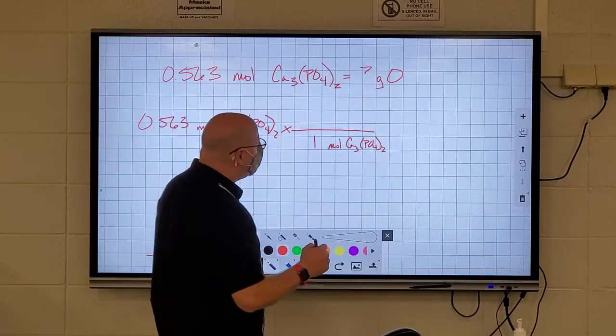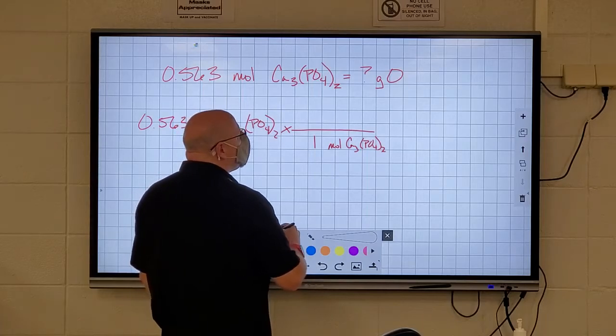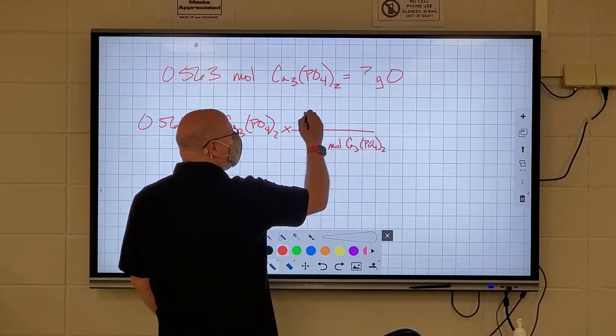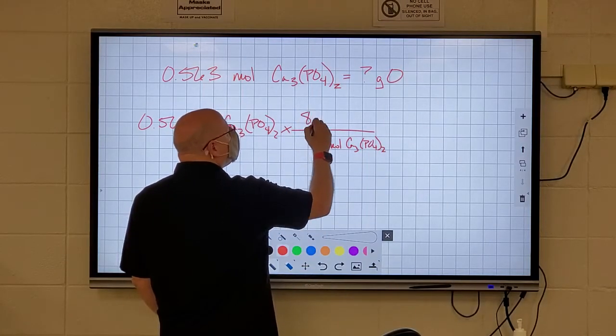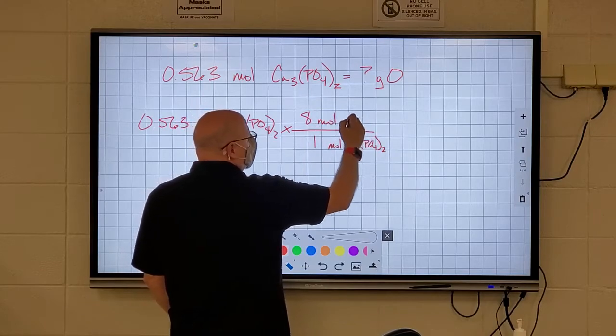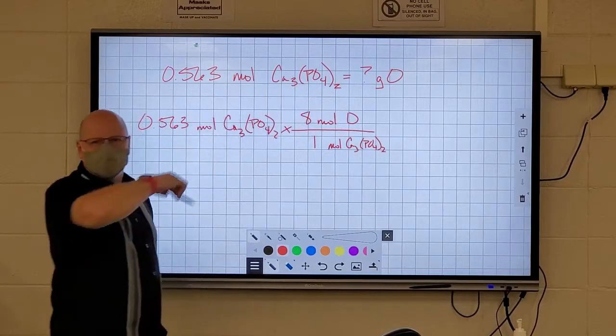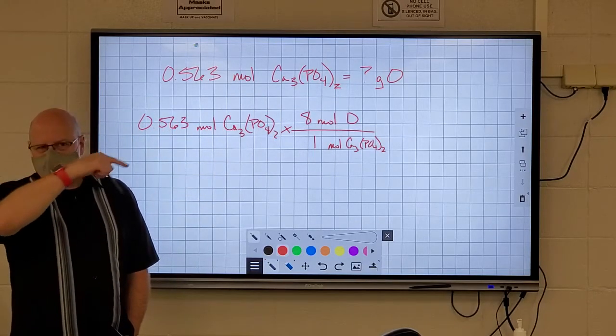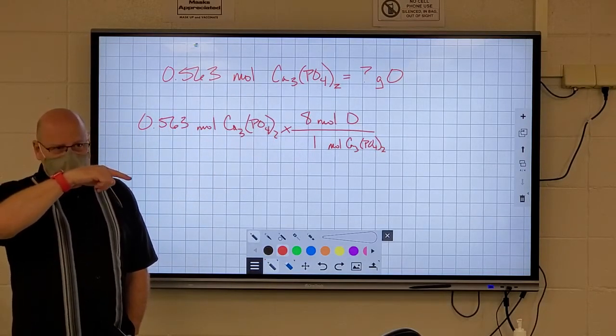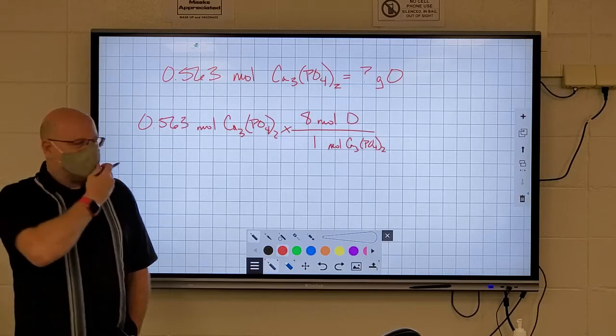Would it be 8 moles of oxygen? Yes. Why? The 4 times the 2. So that 2 distributes through. Just in the parentheses though, right? Okay.